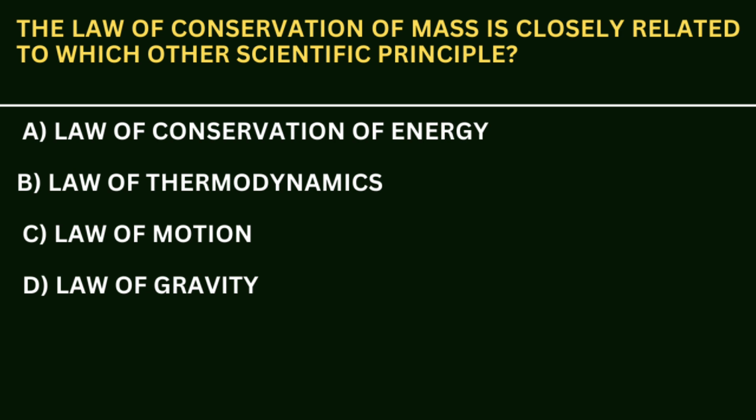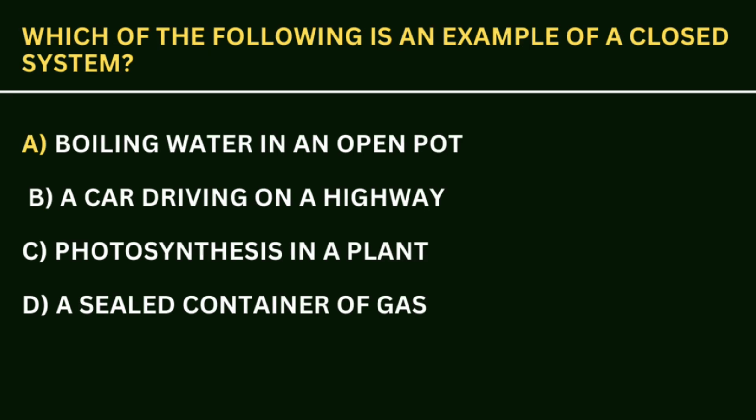Option A, the law of conservation of energy. Which of the following is an example of a closed system? Option D, a sealed container.